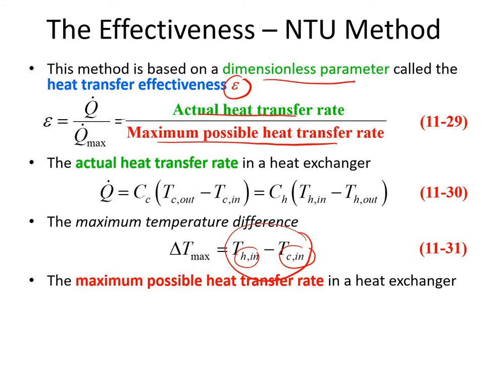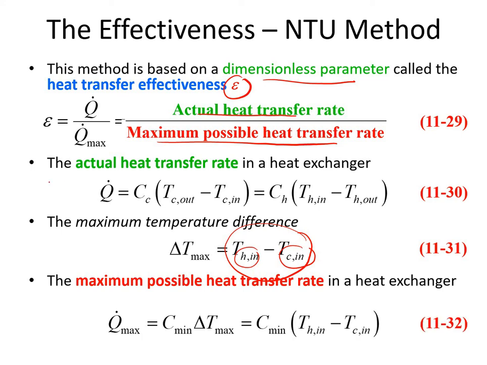Because at first, before the heat transfer occurs at the inlet, the difference between the hot fluid and the cold fluid is greater, right? So that's why we get the maximum temperature difference at the inlet side. For the maximum possible heat transfer rate in a heat exchanger, we can use this formula whereby Q max is equal to C min times delta T max.